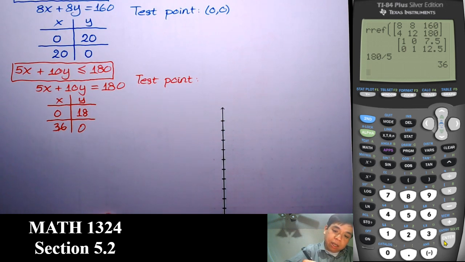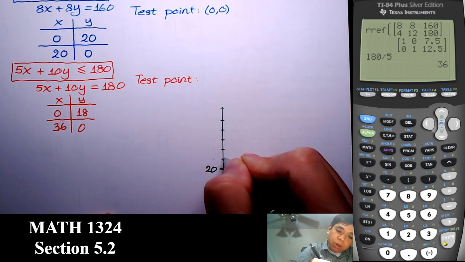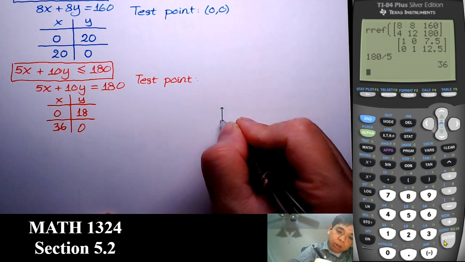So 4, 8, 12, 16, 20, 24, 28, 32, 36, and 40. And vertically 1, 2, 3, 4, that's 20, and 1, 2, 3, 4, 5, that's 40.